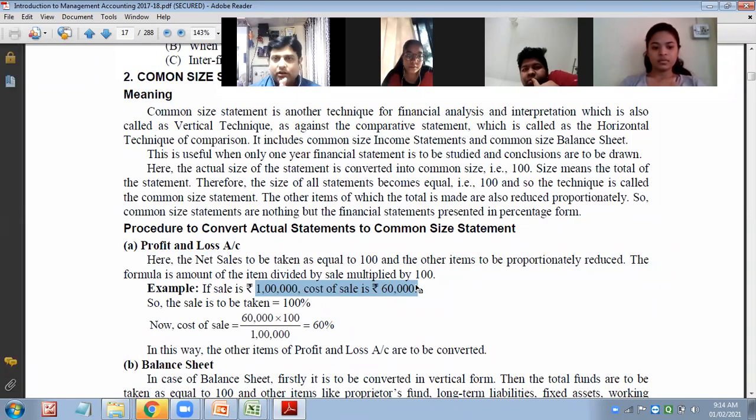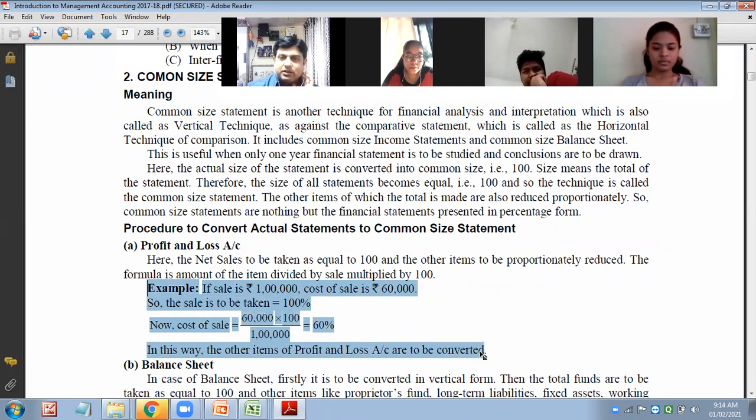What is the common size of cost of sales as compared to sales? So what I will do: 60,000 divided by 1 lakh into 100. So it is 60% of sales. What do we conclude? Common size of cost of sales is 60% of sales. Getting it, every student?